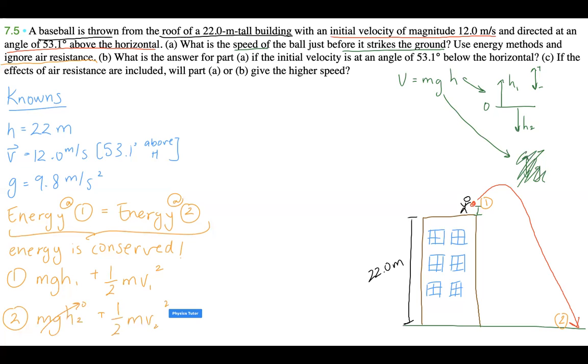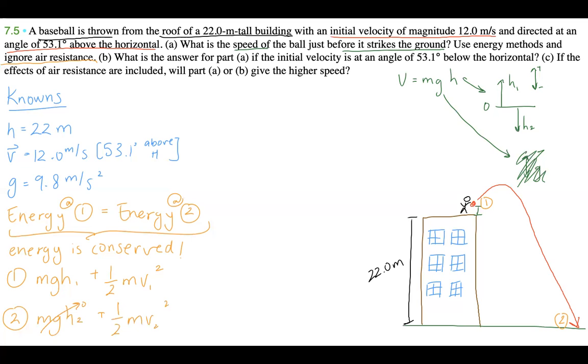And remember how I said energy is never really destroyed, it's just converted from one form to another, especially in this situation where we're ignoring air resistance. In this problem, there is no air resistance.